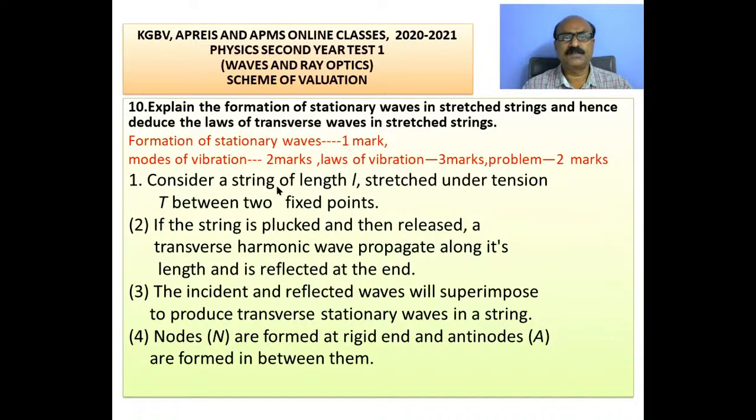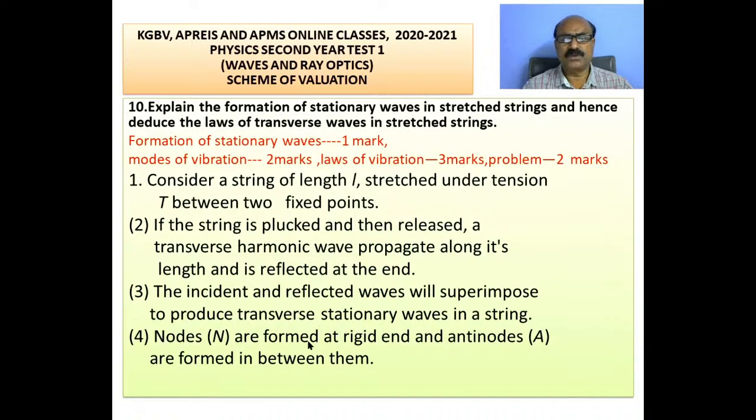Consider a string of length L stretched under tension T between two fixed points. So what you are doing is you have to explain each and every term involved in this particular part of the question. If the string is plucked and then released, a transverse harmonic wave propagates along its length and is reflected at the end. The incident and reflected waves will superimpose to produce transverse stationary waves in a string.